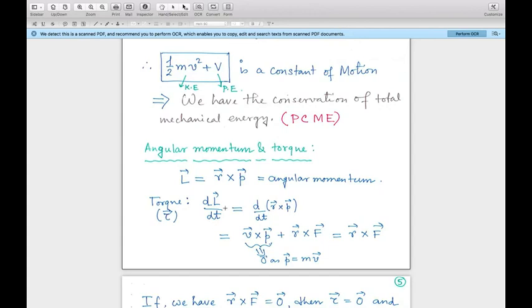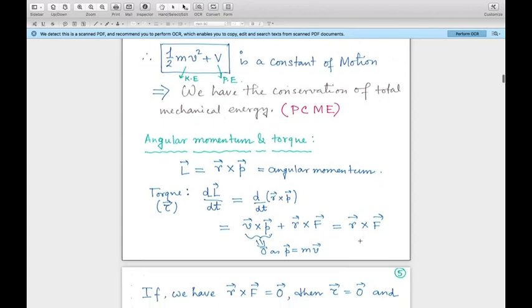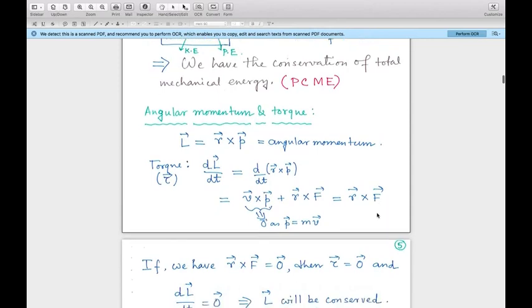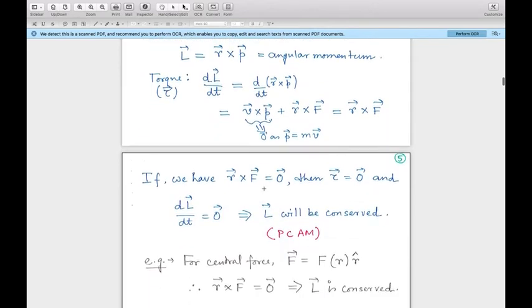Then the torque is simply the cross product of the position vector with the force. If this cross product vanishes, then the torque vanishes as well. And if torque vanishes, we say that L is conserved. That is very simple, you can understand. So this is nothing but the principle of conservation of angular momentum.